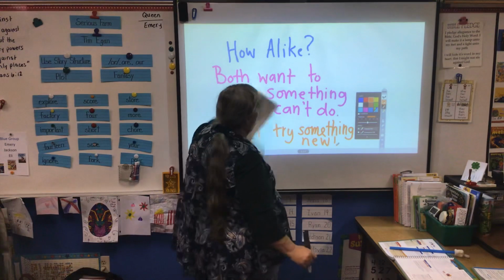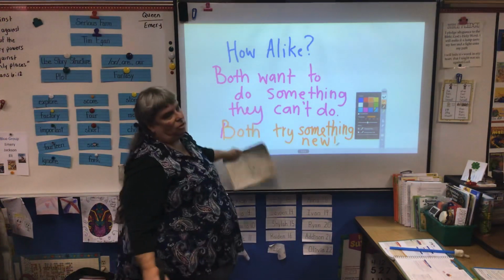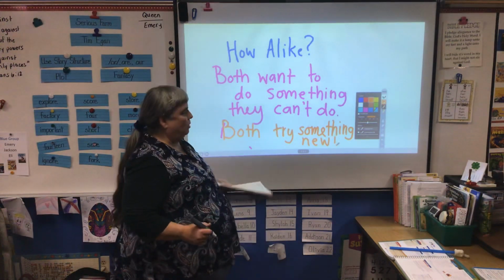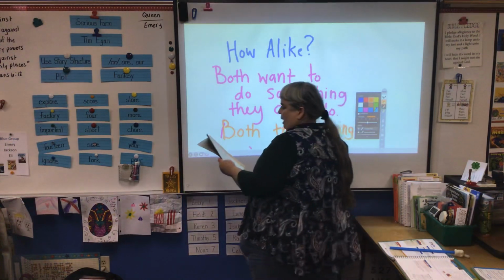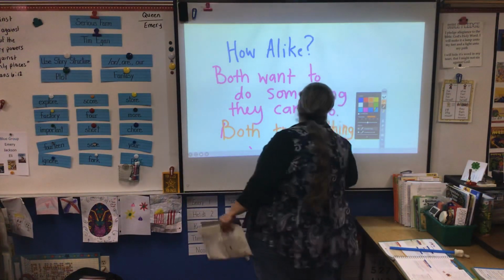So their problem is alike and their solution is alike. So that's good. And then next is the one about how the stories are different.